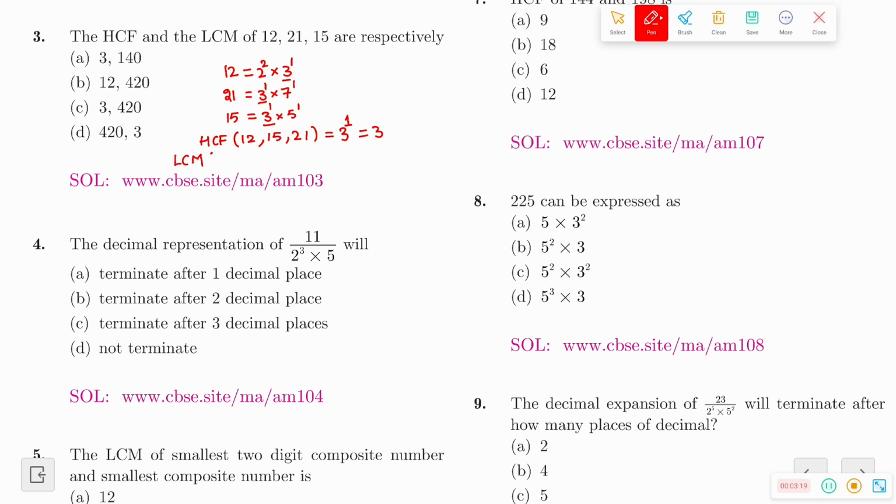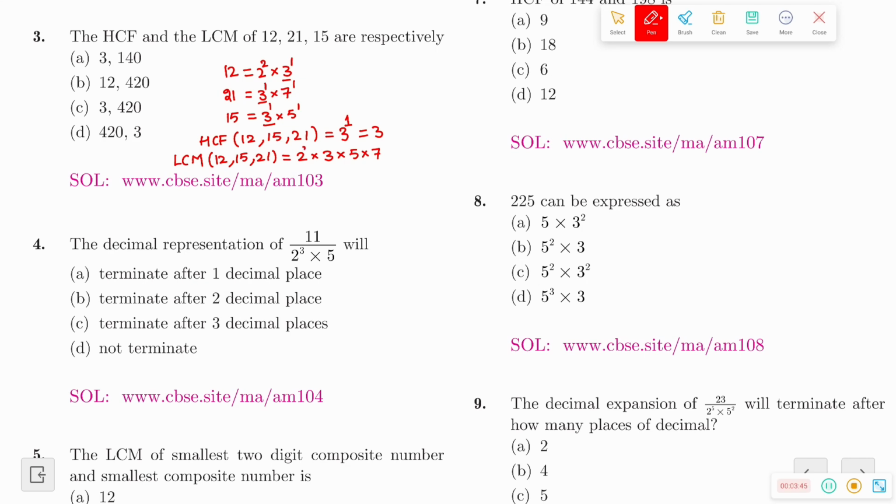Now let us see the LCM of 12, 15, 21. When we find the LCM, we have to write all the prime numbers in the factorizations: 2, 3, 5, 7. These are the different prime factors in the prime factorization of 12, 21 and 15. Now we have to take their highest powers.